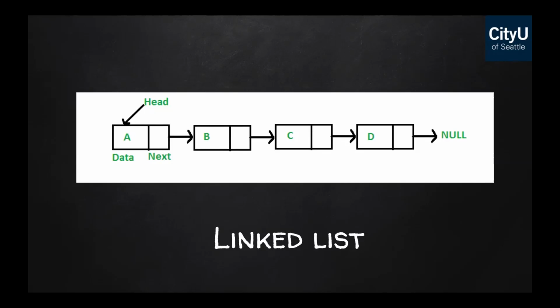All of them are separated, and the only way you connect them is you create a pointer. So in this object, you have two things. One is the data, and the other thing stores the address of the next object. So whenever you access this one, you access the other object, and so on and so forth.